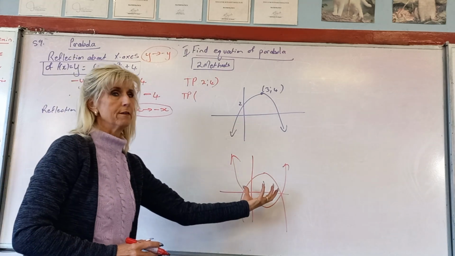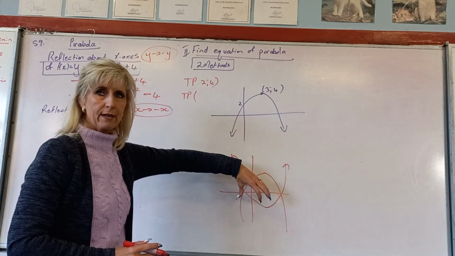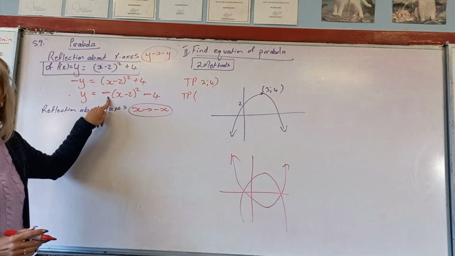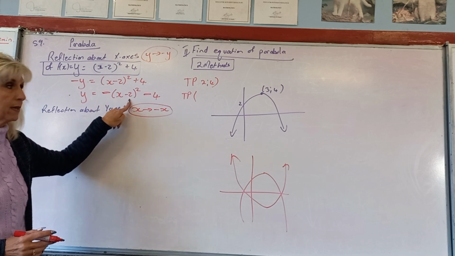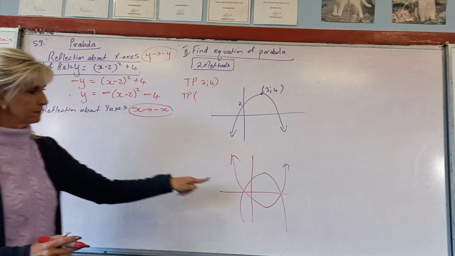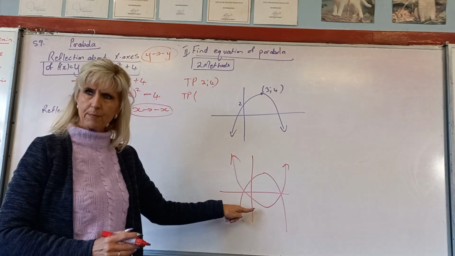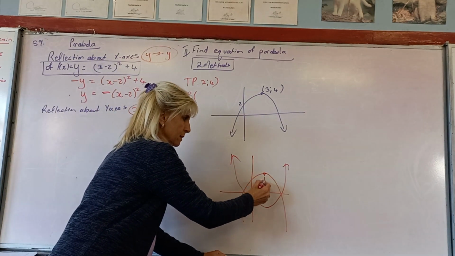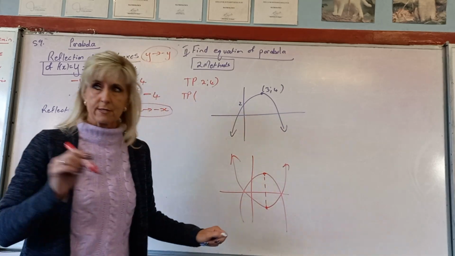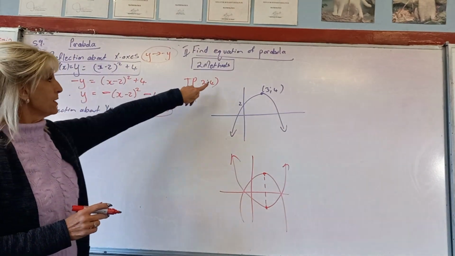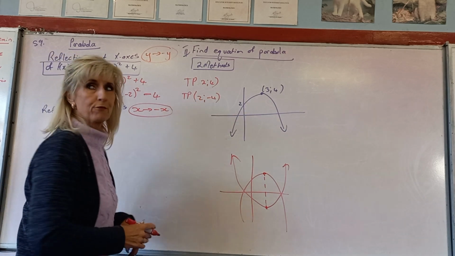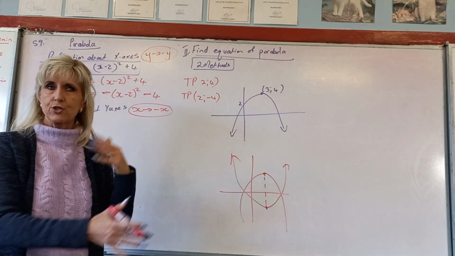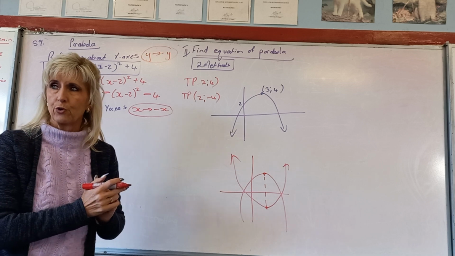It makes the positive a negative frowny face. But the turning point x value will still be 2. Is that correct? Yes? If it used to be 2, it's still going to be 2 for x. But the y that used to be 4 is going to be negative 4. But that wasn't the question, that's just more explanation of how it works.